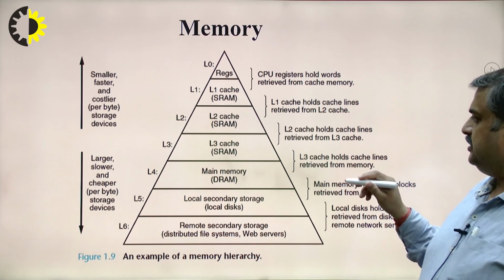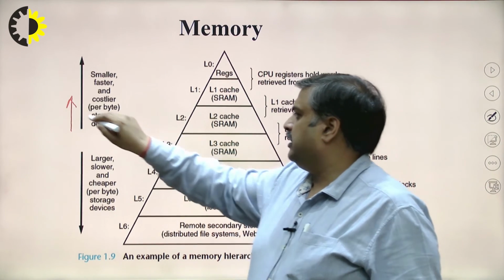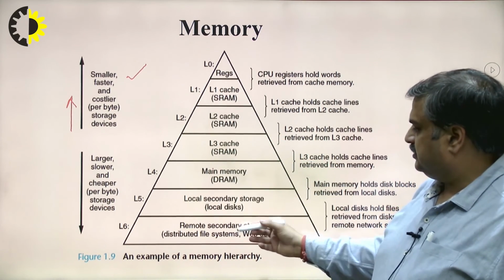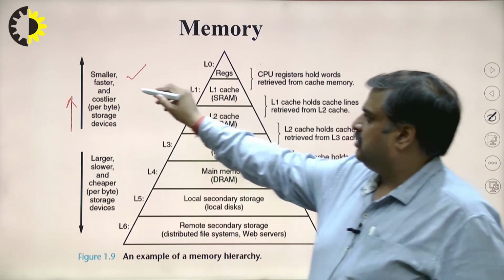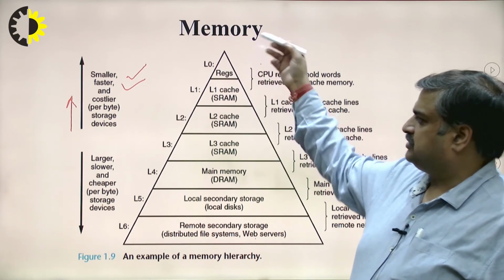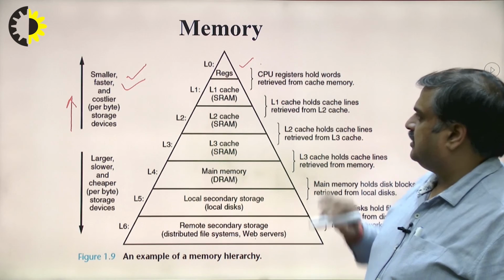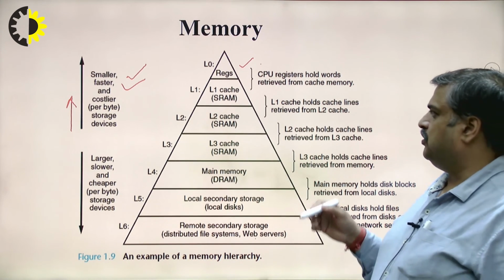So if we see memories from bottom to top, the devices are smaller, that means the size is being reduced, and they are becoming faster and costlier also. So at the top we have CPU registers, which are inside the CPU only.